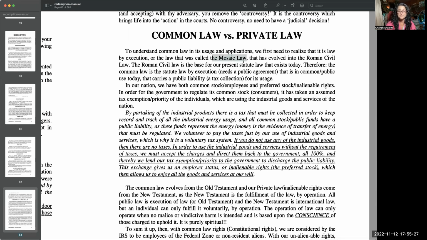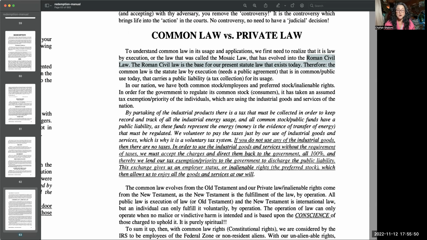That's interesting. That has evolved into Roman civil law. That's interesting. The Roman civil law is the base for our present statute law that exists today.